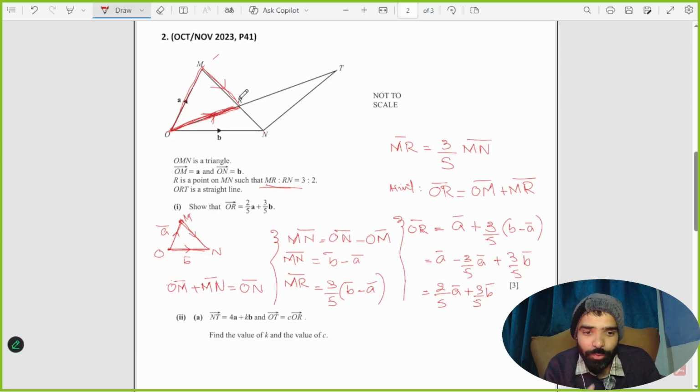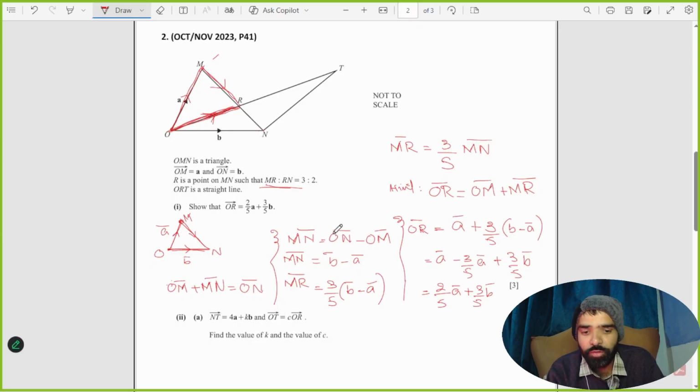So we have to practice a bit and see which triangle we need to consider. But the rule is very straight: you have to consider a vector triangle and sum those two sides which are drawn in such a way that the head and tail are touching. The sum of these two will be equal to the third one. OM plus MR will be equal to OR, definitely.